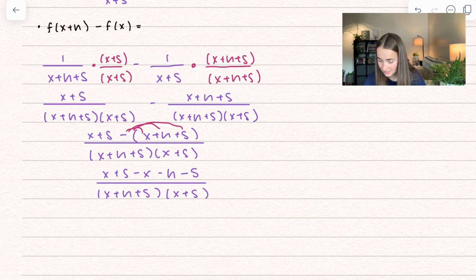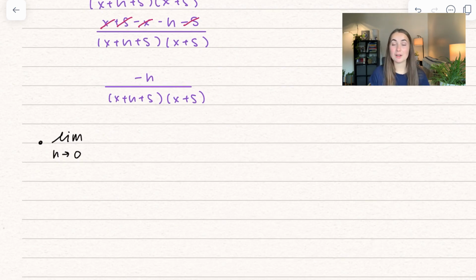That's the nice part about this. So we get the x minus x, and we also have 5 minus 5. So if I rewrite this, I have negative h all over that whole denominator. So now I want to plug this into the limit. We already did the numerator, and now we can plug this in because this whole thing is going to be over h.